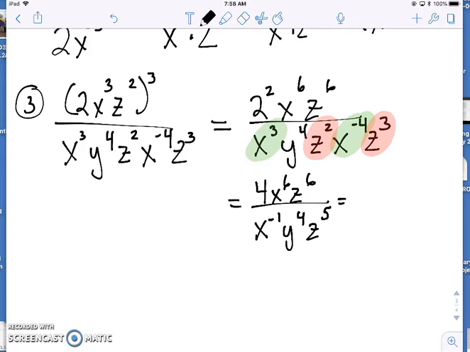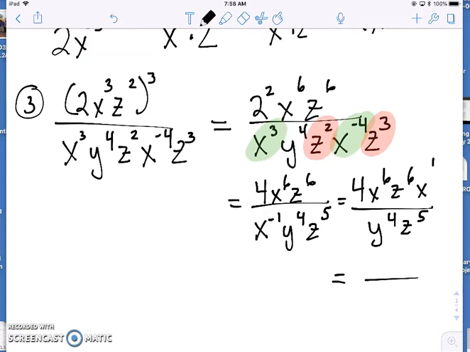Well, that x needs to go on top, so 4 x to the 6th, z to the 6th, x to the 1st, y to the 4th, z to the 5th. So let's see, we have 4 on the top, x to the 7th. Z's, there's more on top, so 1 more, and then y to the 4th on the bottom.